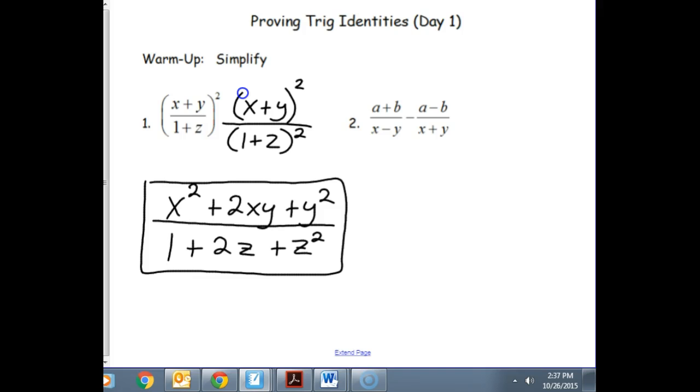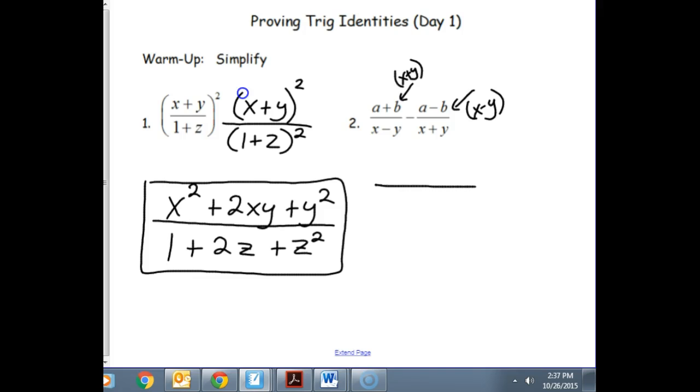Number 2, these are 2 fractions. To be able to subtract them, we need common denominators, right? So this fraction will need to be multiplied by x plus y, and this fraction would need to be multiplied by x minus y, so they can have a common denominator.